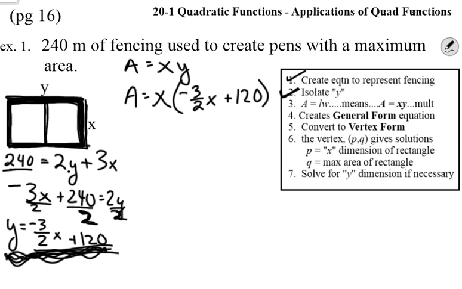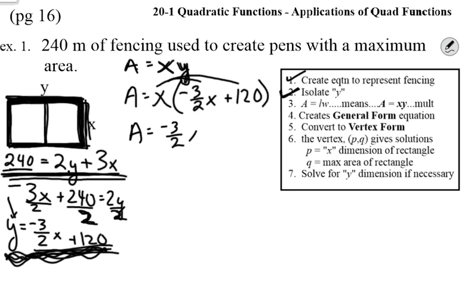So a whole bunch of little steps to create the equation: an equation to represent the fencing that was used, isolate the Y, and now we know area is X length times Y length. So I put it into an equation, and let's distribute the X. A equals negative 3 halves X squared plus 120X.